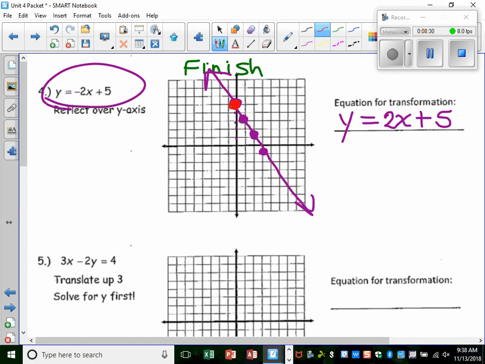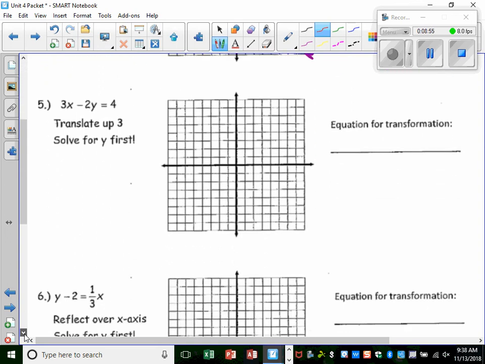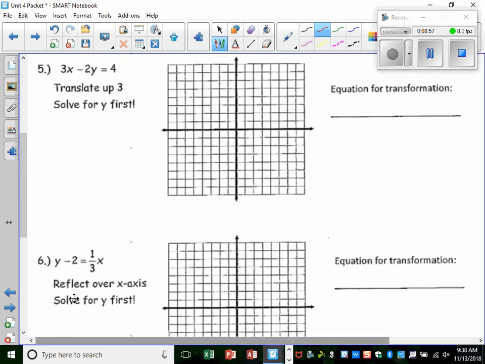I'm going to do a double negative, down 2 to the left 1, down 2 to the left 1. Okay, so they will cross at the same y-intercept.